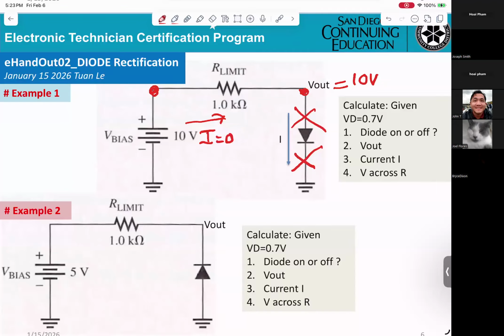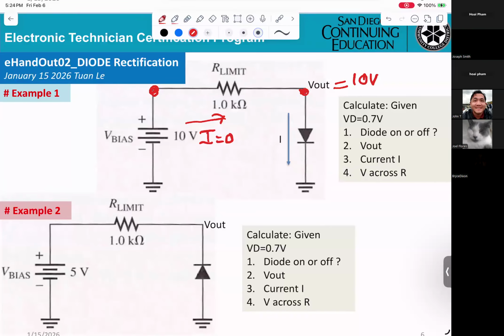In order to know whether the diode is on or off, now you know 10 volts. With the diode, it will be on. Okay, now it's on.